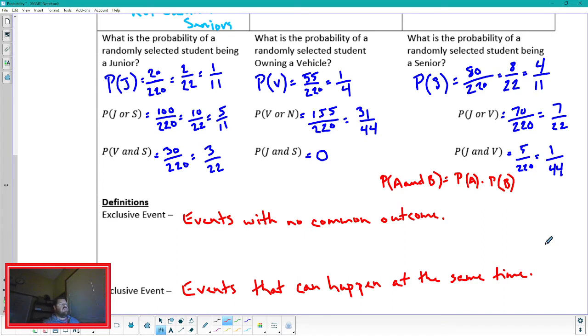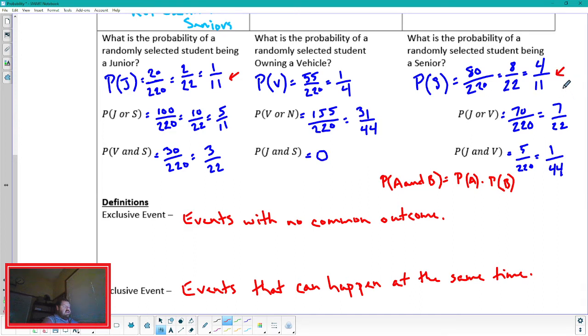And I want to look at, we've got one that's inclusive and one that's exclusive up above. And there's probably more than one of a couple of them, but I want to take a look at the ones that I've already dealt with. When I look here at the probability of being a junior or a senior, this 5 over 11 actually comes from the 1 over 11 and the 4 over 11.